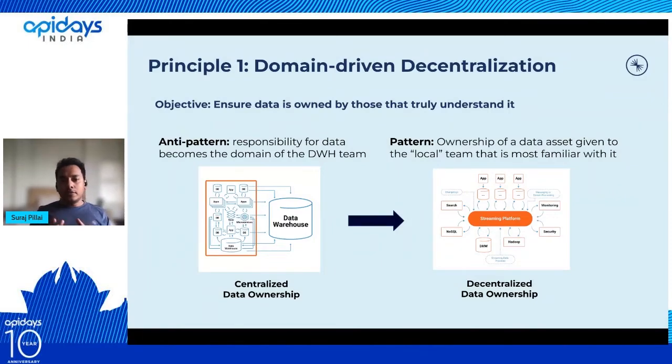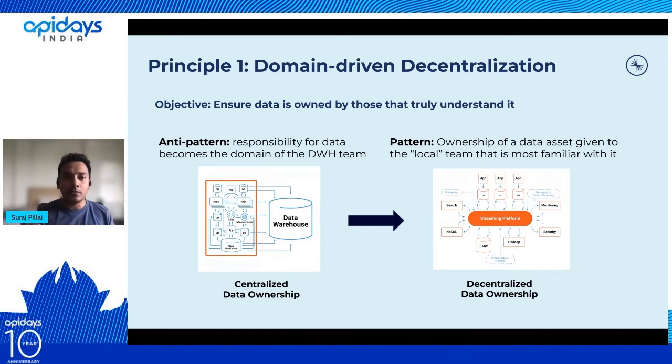So the first one is domain-driven decentralization. And what do we mean by that? So the first case, which is the anti-pattern, which is represented here, I have some applications which are sending data, and all of them are going into some data warehouse team, and the responsibility of that domain data is with the data warehouse team, which as I mentioned earlier, they may not totally understand what's going on with that data, which is a problem, because you need someone who understands that data and what that data truly denotes.